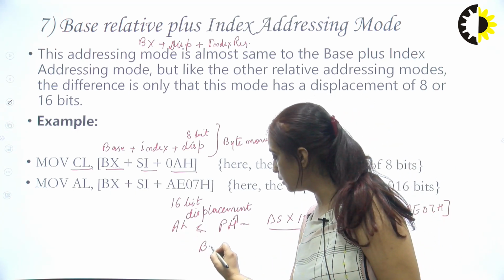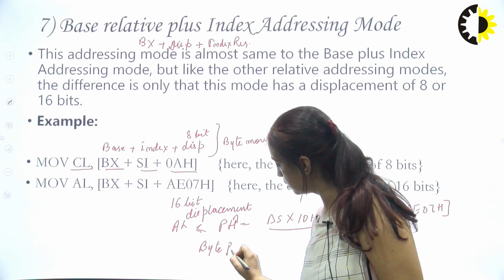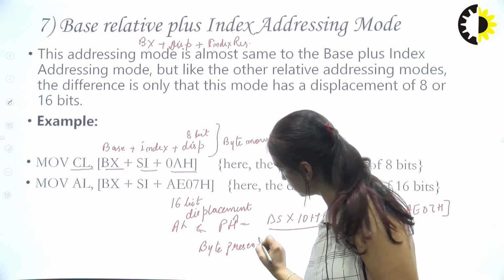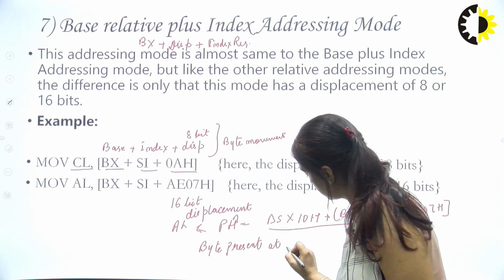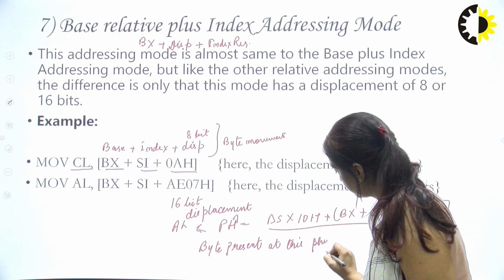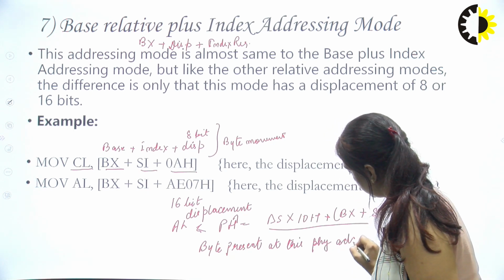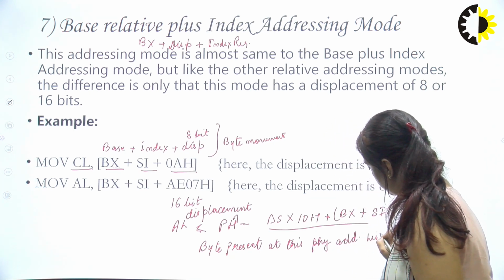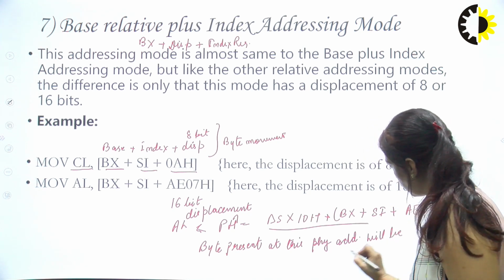So the byte present at this physical address will be copied to AL.